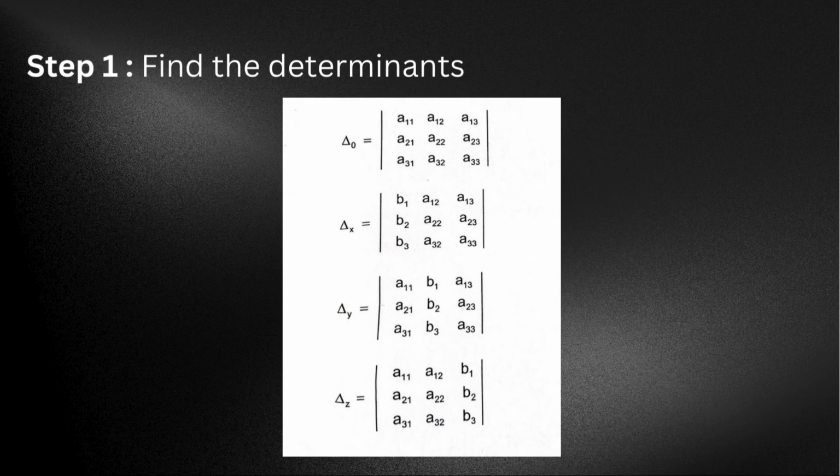DZ equals A row 1 column 1, A row 1 column 2, B1, A row 2 column 1, A row 2 column 2, B2, A row 3 column 1, A row 3 column 2, B3. That's for DZ.